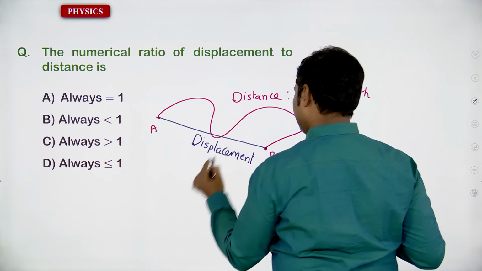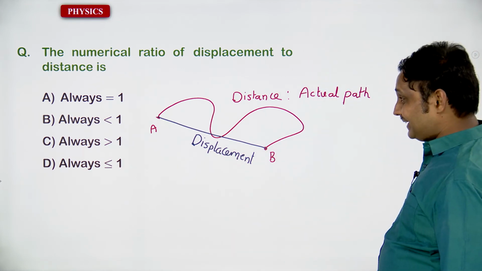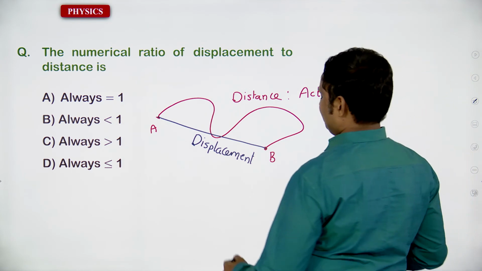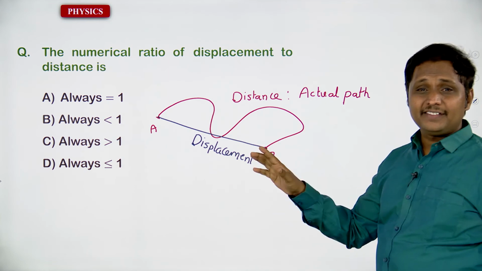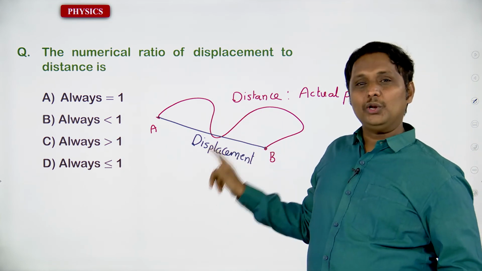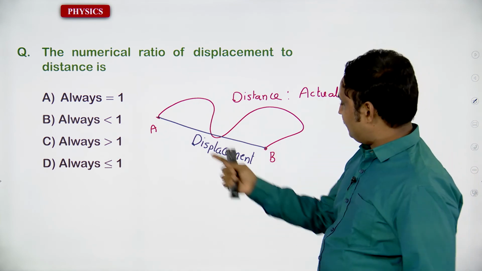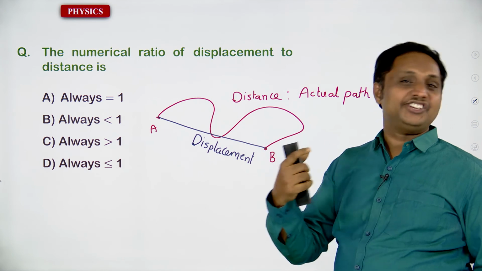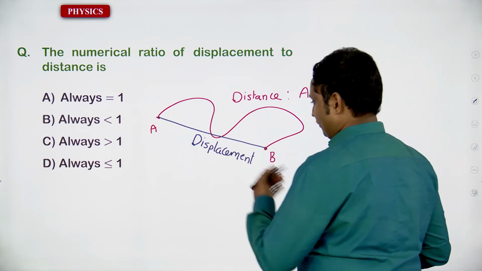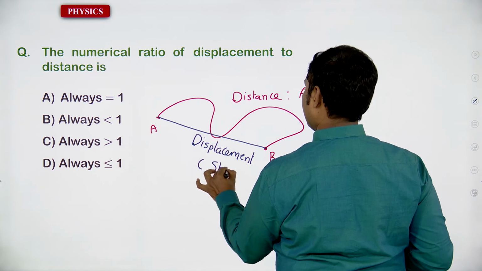Displacement is the shortest path which it follows. In what direction will you get that shortest path? That's what you have to get, that shortest distance between these 2 points, between the initial and the terminal. Just you have to get that displacement. It's going to be the shortest path.